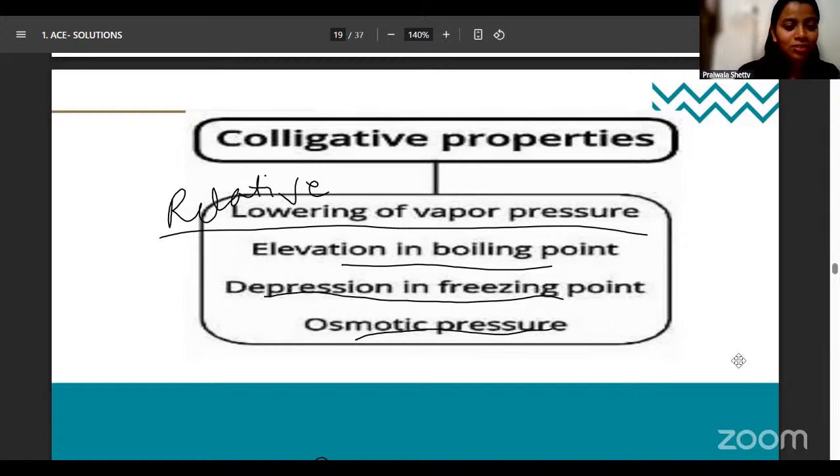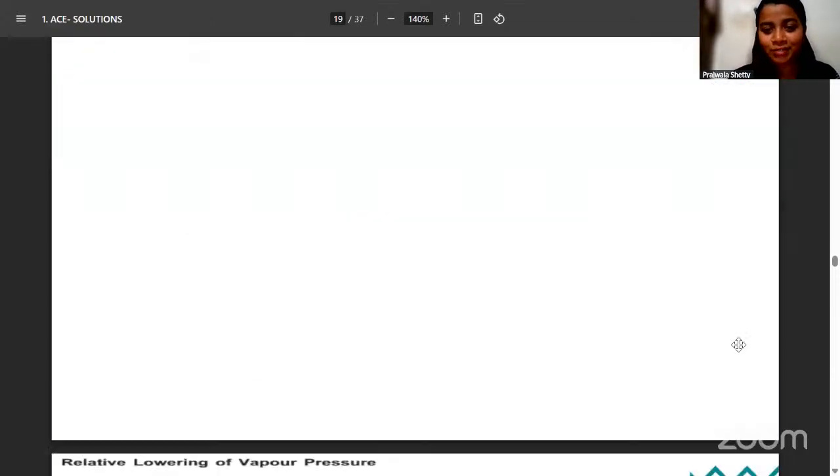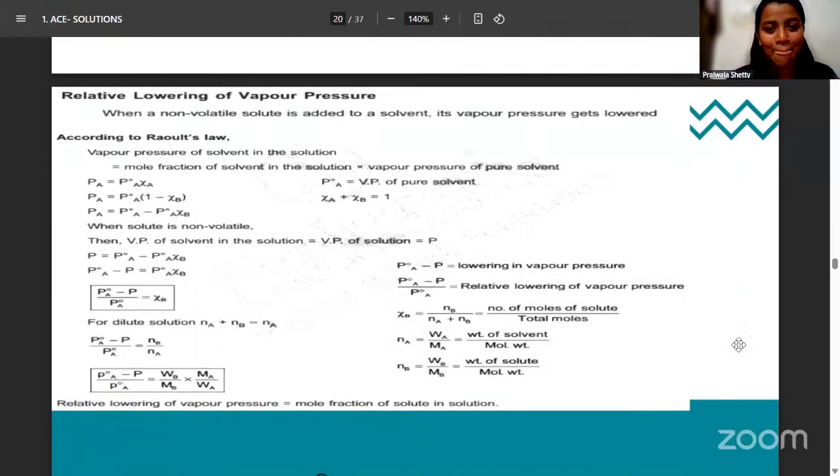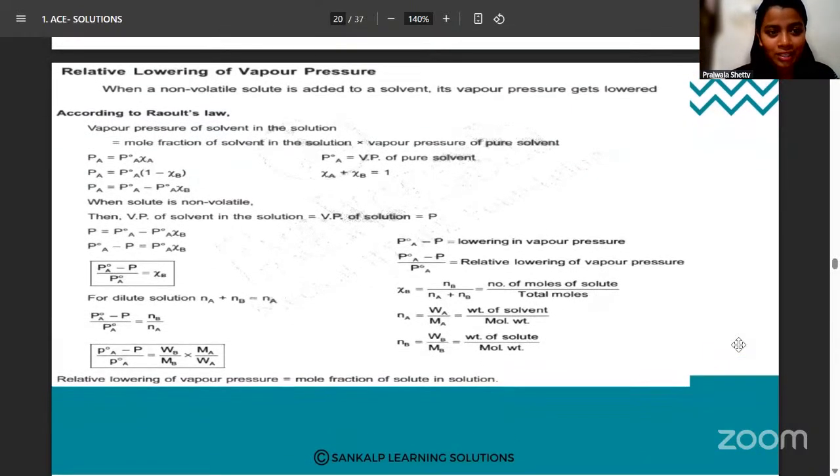Time is going, but we should not be left behind. Let's quickly see what relative lowering of vapor pressure is. In simple words, how can we tell it?